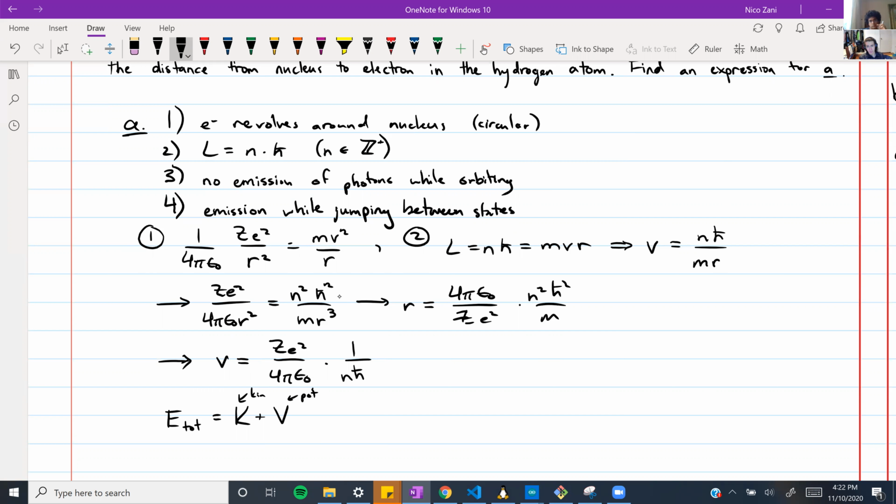Well, first of all, we know what the potential is, right? If we actually do the integral for this, you might just know it, but you could also do the integral.